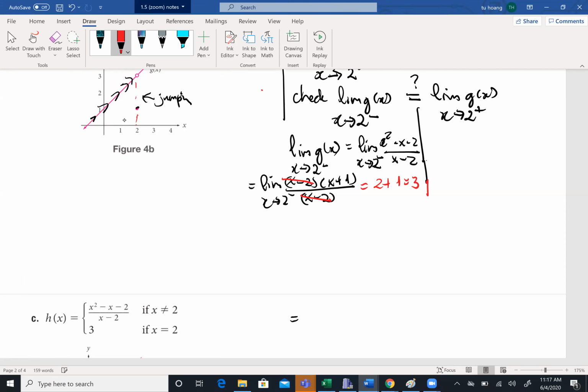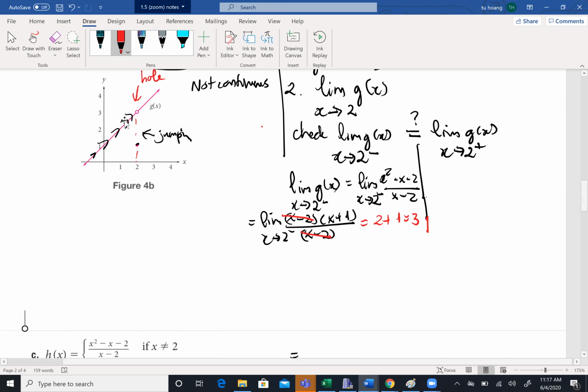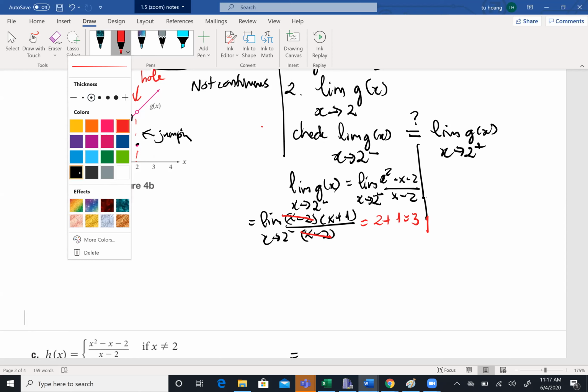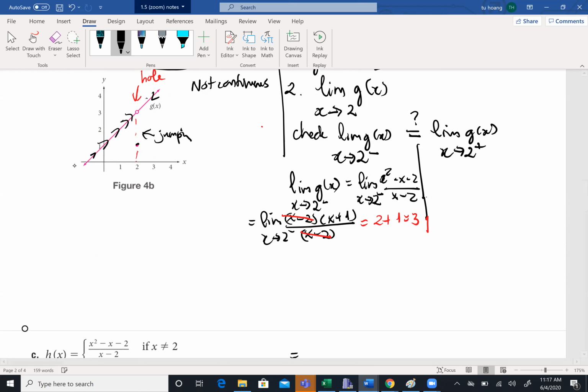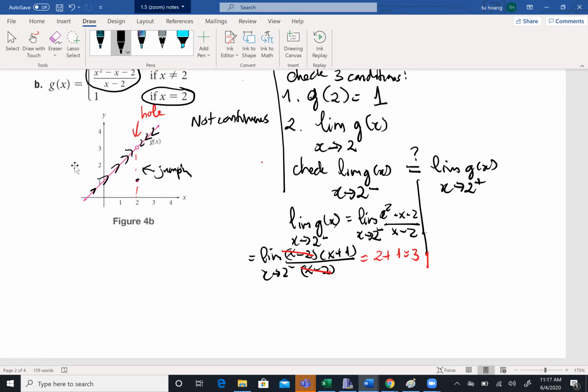Okay, the right-hand side goes from the right to that hole, right? To try to approach 2. And again, this is not equal to 2. This is just greater than 2 from the right-hand side. It tries to approach 2.